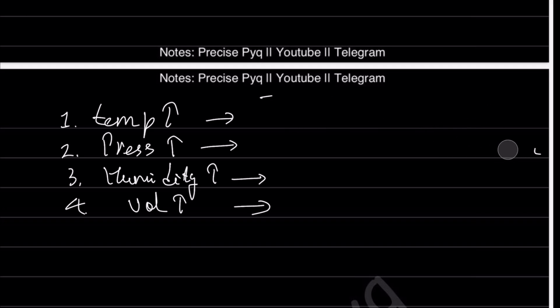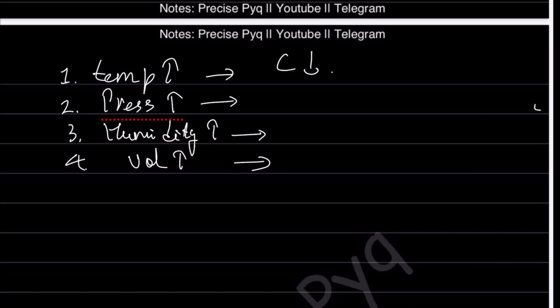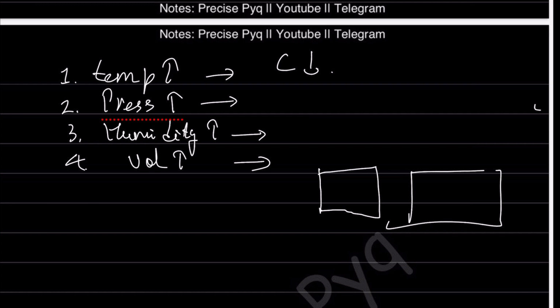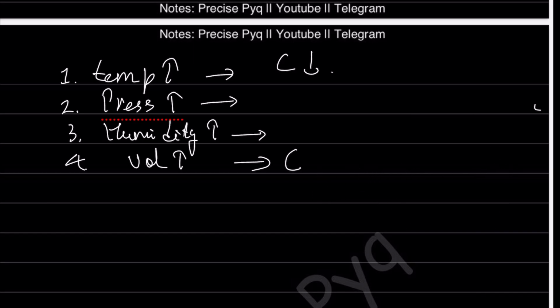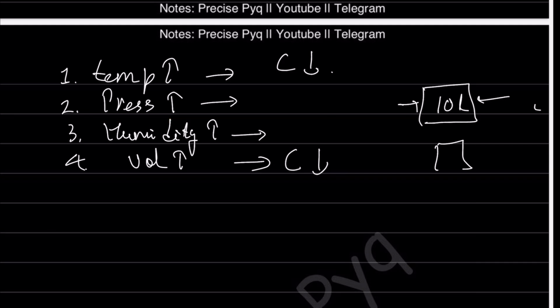So if temperature increases, condensation comes down. Now volume, same story. If the air parcel's volume increases, it can contain more water vapor, hence condensation will come down.